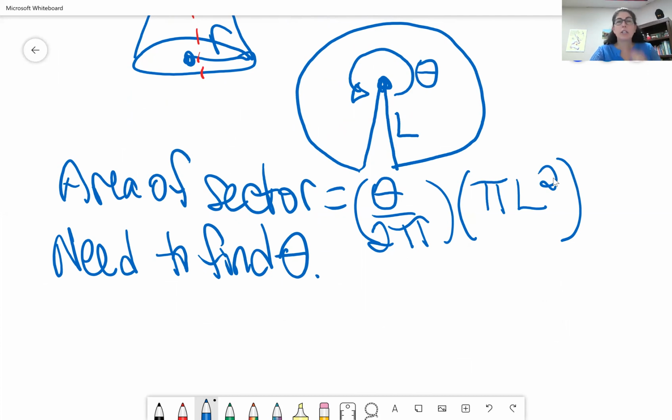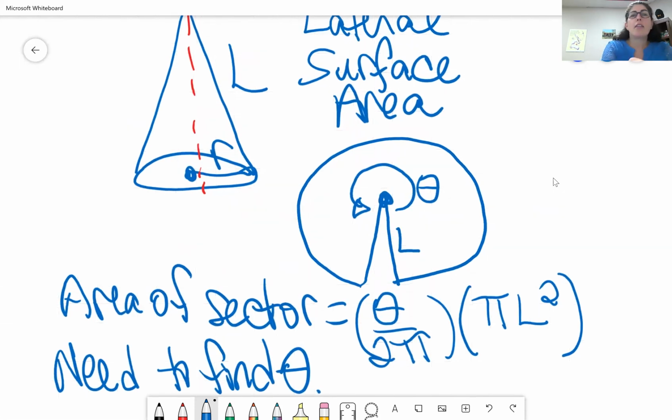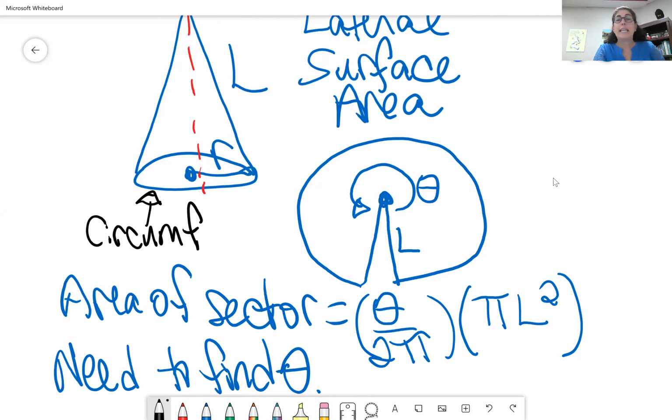So let's look at the relationship between the cone and the circle. The circumference down here, this circumference, is the same thing as this arc length. You see that?